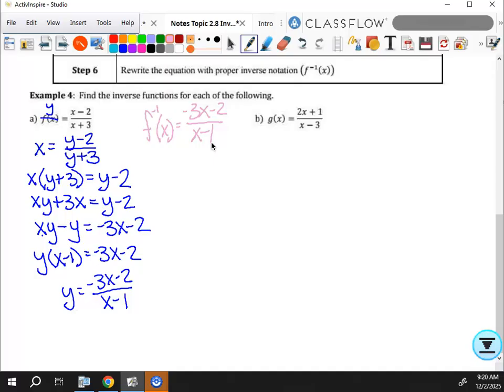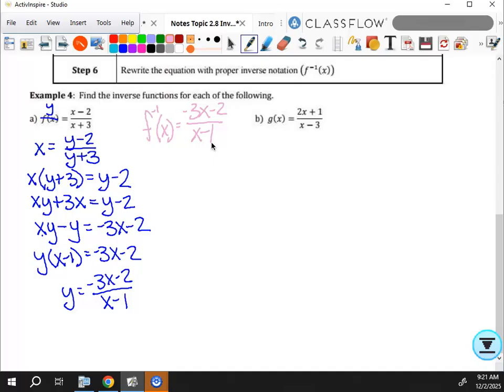Right? Any questions at all? Could I have written this as, like when I moved my 3 over, could that have been negative 2 minus 3x? Yes, it's totally fine. There's different arrangements of that work just fine. All right. Any questions at all?